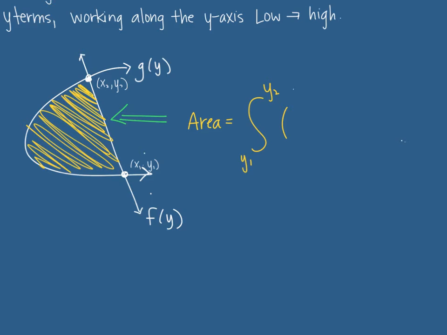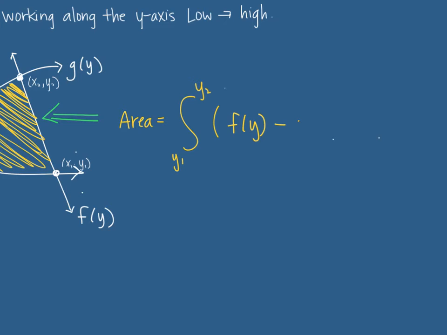And the first equation it will pierce or encounter would be the linear one, and so that would be the one that you would list first. And so that would be f of y minus, and then the other one, which it would encounter second, so then g of y, the whole thing dy to show that we're moving along the y-axis for y terms.